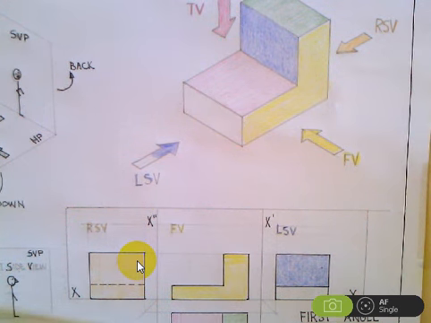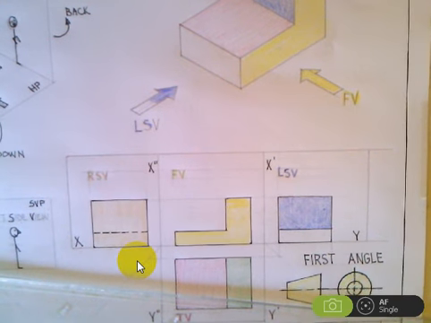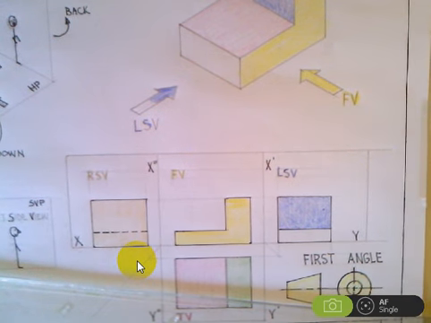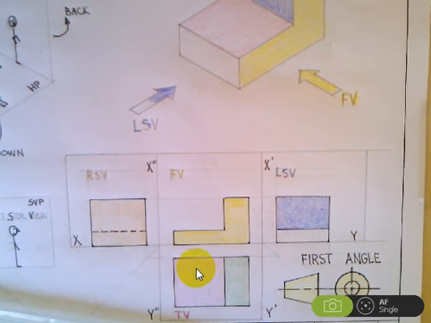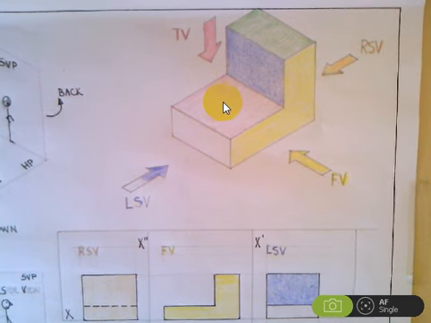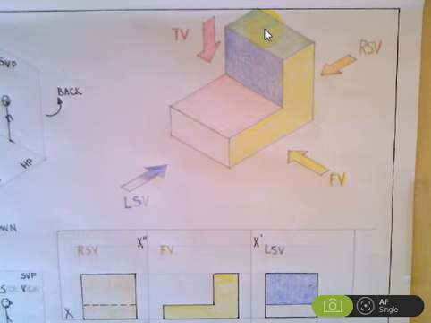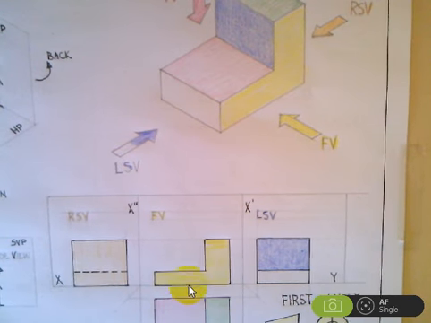Now, for my top view, I would have to move the camera a little bit so that you can see that it's the red part and the green part, and there is the red part and the green part. Now, how is it related to the front view?